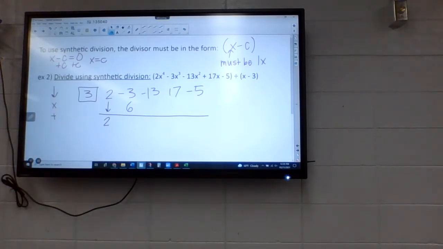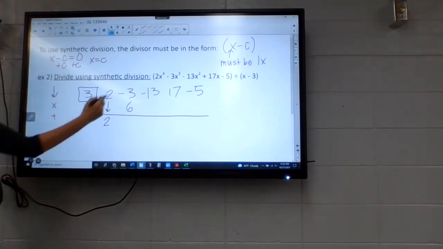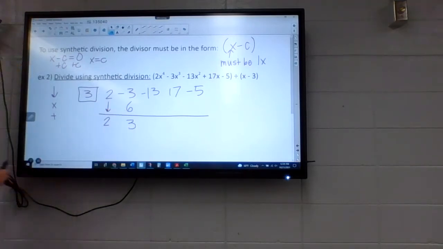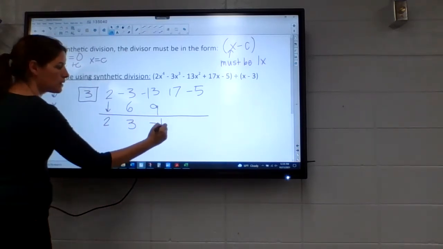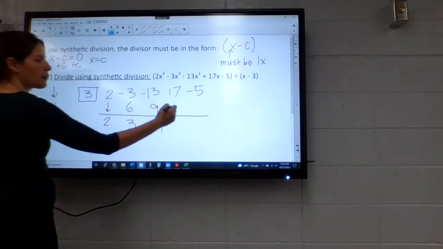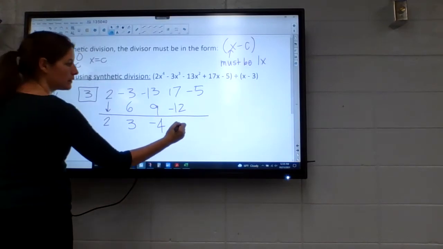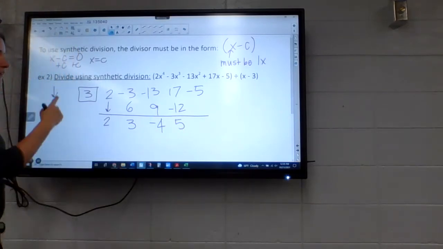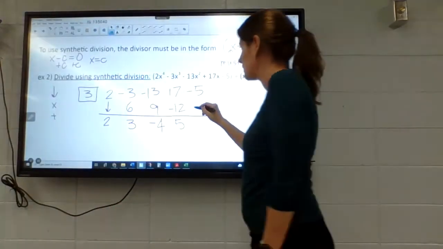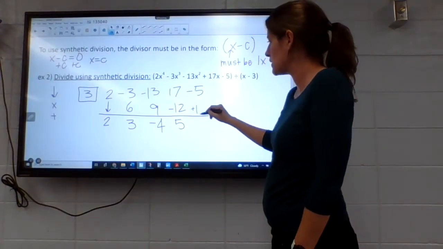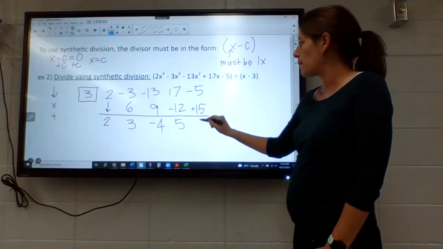So you never divide, you never subtract. -3 and 6 is 3. This is going to be 9. -13 and 9 is a -4. Multiply. Add. Multiply, so that's a +15, and then +10.